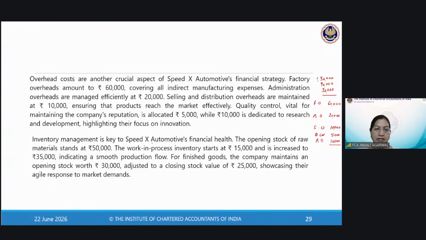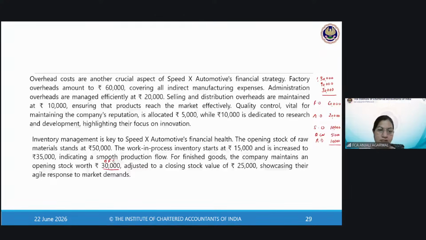Now, inventory management is key to SpeedX Automotive's financial health. Opening stock of raw materials stands at 50,000. Work in progress starts at 15,000 and increase to 35,000, indicating a smooth production flow. Finished goods maintains an opening 30.